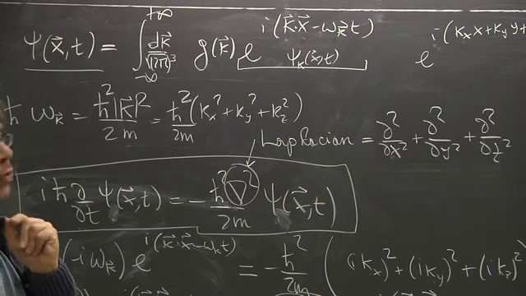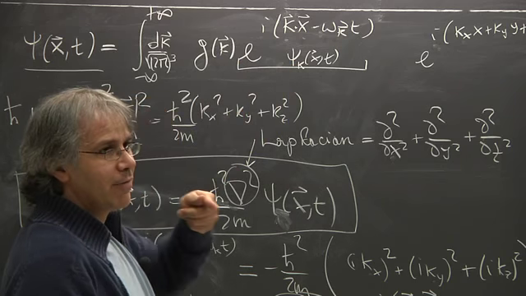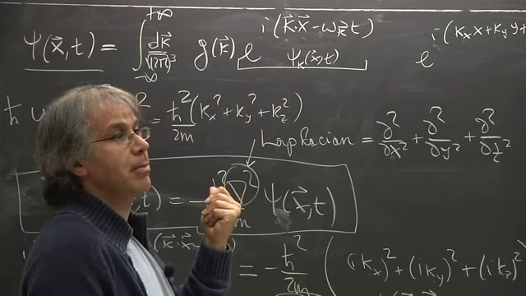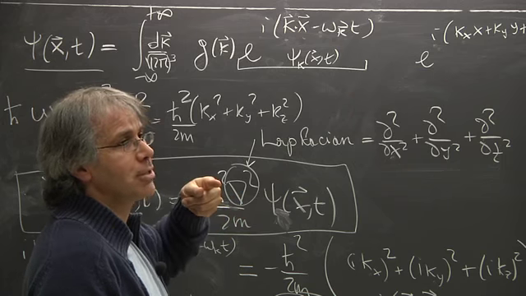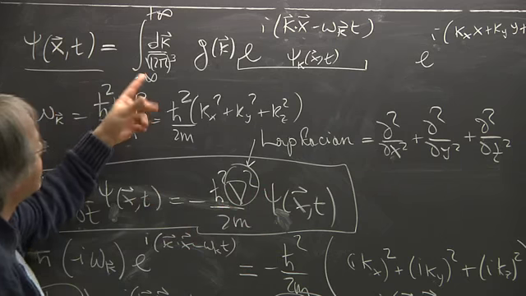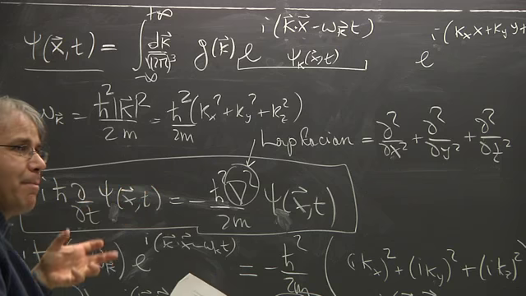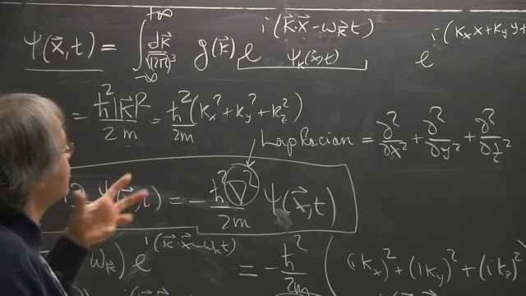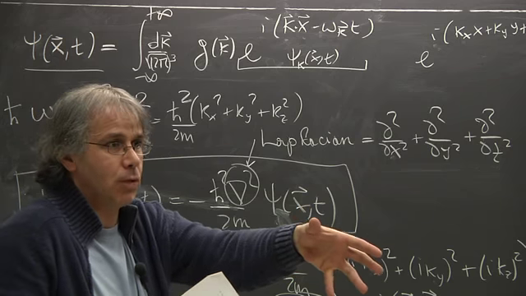Because all you have to do is to study each single plane wave. Each single plane wave is reflected with a certain reflection coefficient R of k and transmitted with the coefficient T of k. And the full wave packet is a superposition of all, okay? So a piece of the wave packet with the reflection coefficient is reflected back, and a piece of the wave packet is transmitted forward, okay?